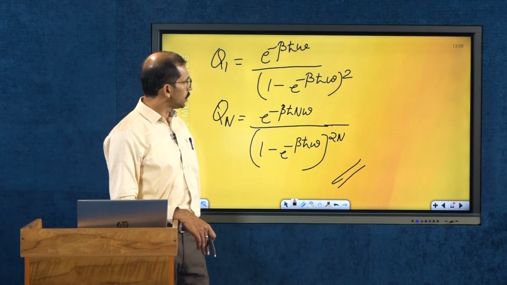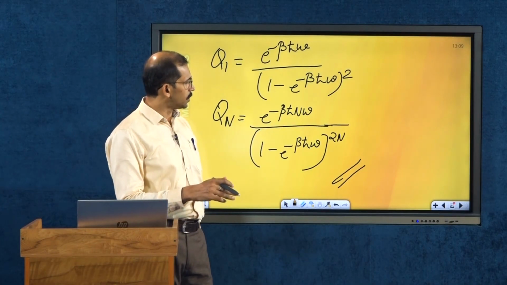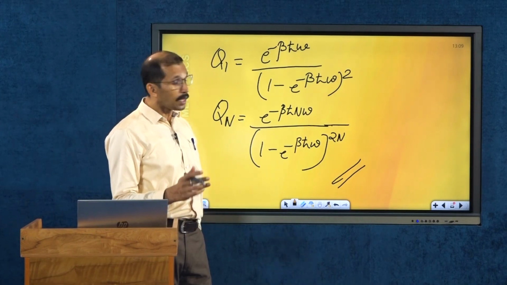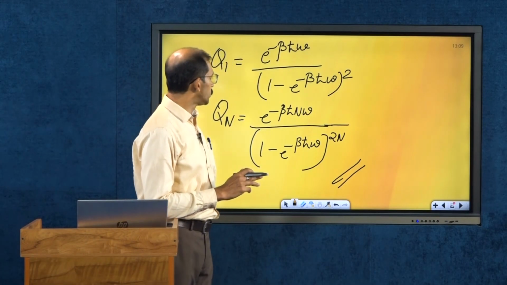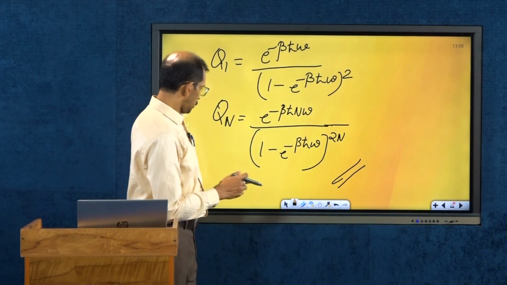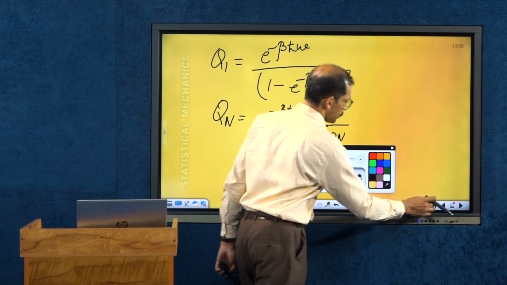Now, one thing which I would like to cover in this episode is to deal with a 3D harmonic oscillator, right? Which I think I promised you a few minutes before.